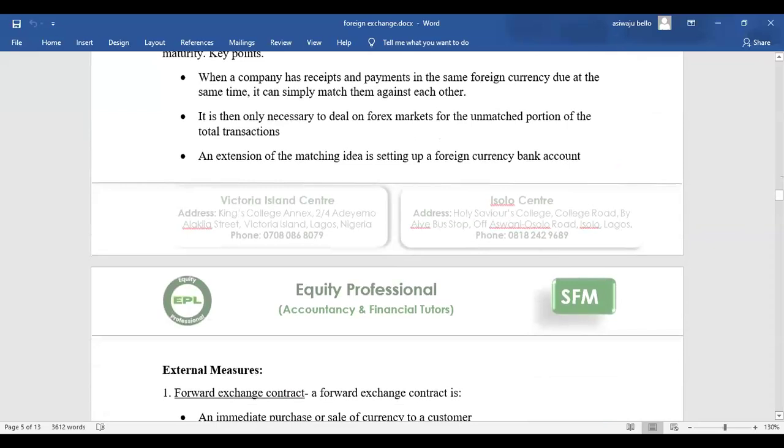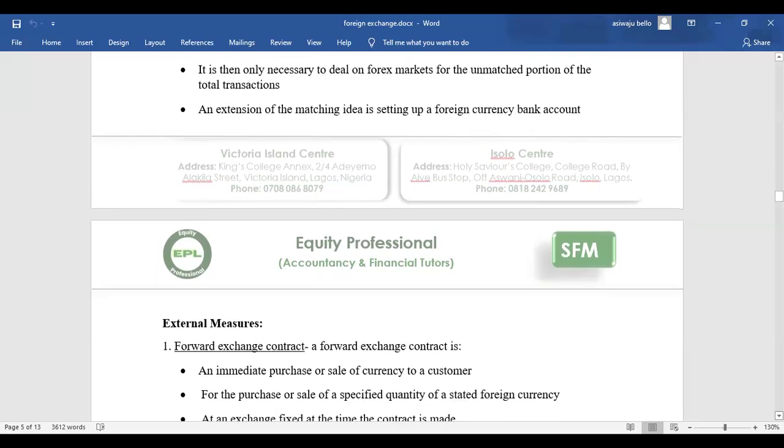When we get to this external measure, let me re-emphasize that point. 90% of calculation questions on hedging will always come from external measures. 90% of questions involving calculations under currency risk management will always come from external measures.